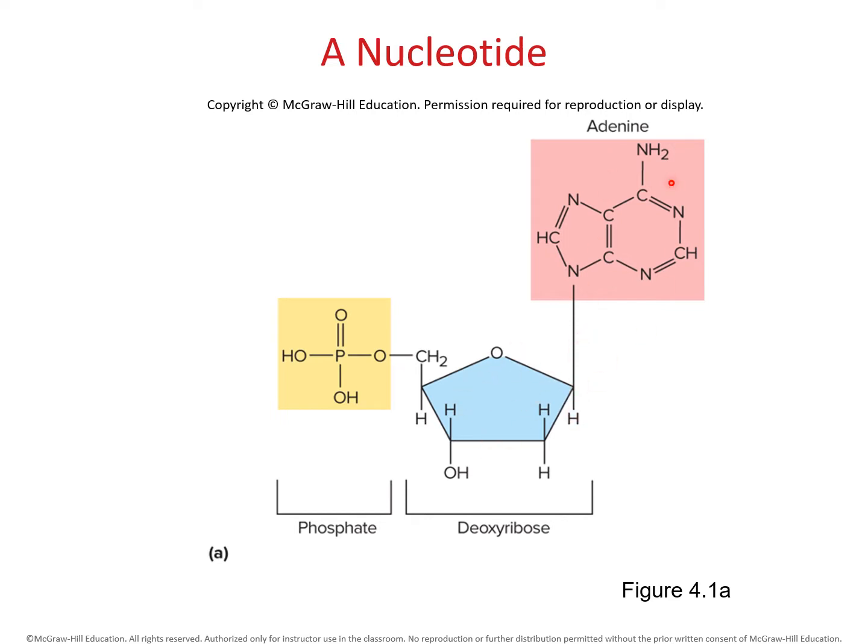That could be adenine, as shown here, or guanine, cytosine, or thymine. Those will all have slightly different chemical structures. But as you can see, there are a number of nitrogens here. That's why it's called a nitrogenous base. So definitely you want to know what composes a nucleotide.